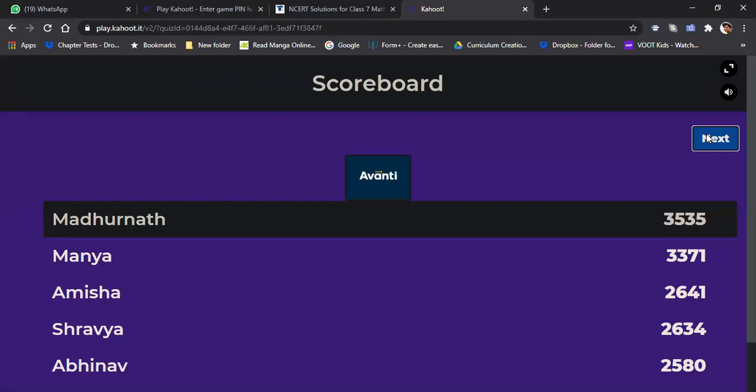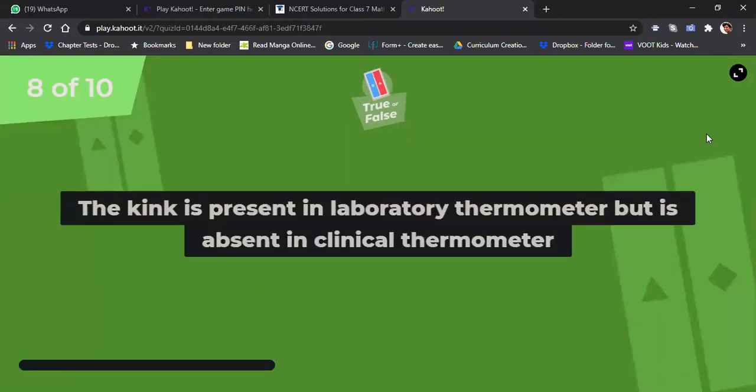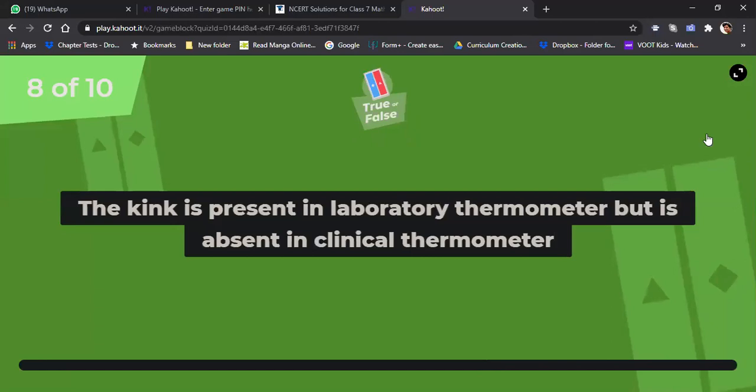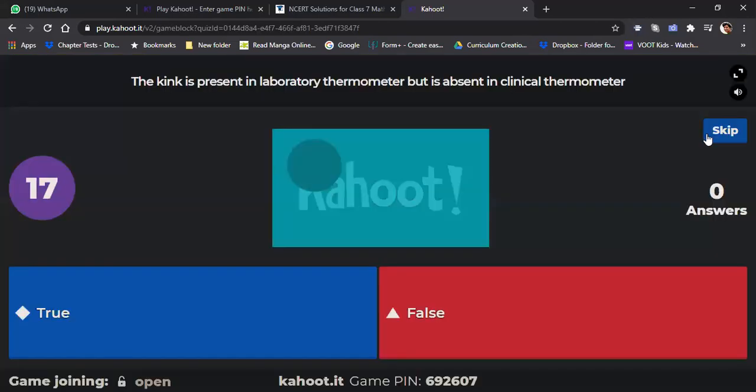Eighth question. Everyone, eighth question on your screen. The kink is present in the laboratory thermometer but is absent in the clinical thermometer. True or false? Time's up.